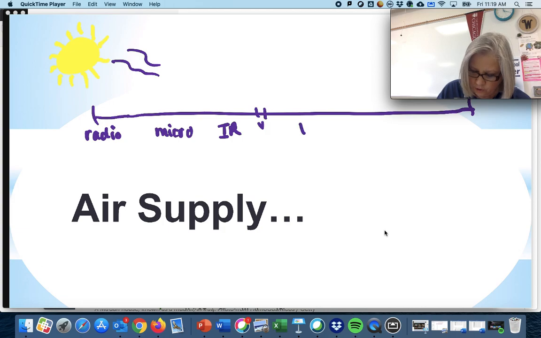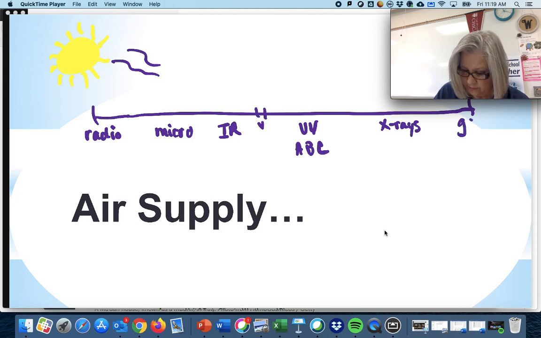And then we have UV radiation, and there's UVA, B, and C. Then we have X-rays. And our highest frequency, our most energetic, is the gamma rays. So just keep those in mind as we're going through this talk today.